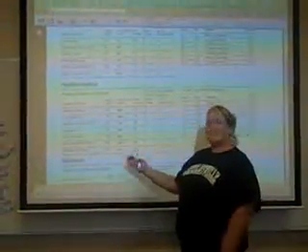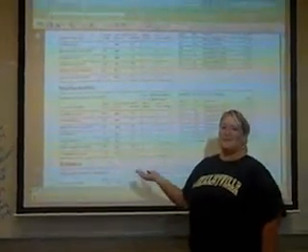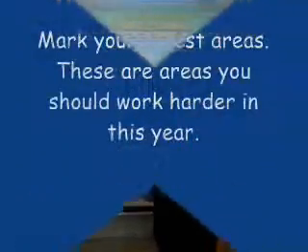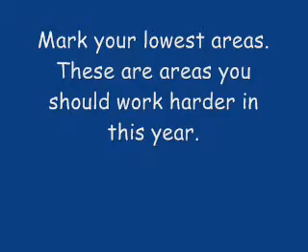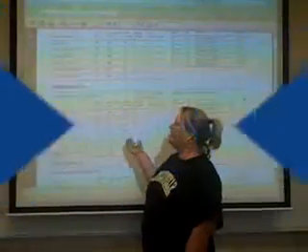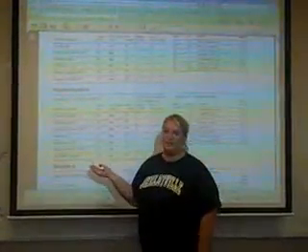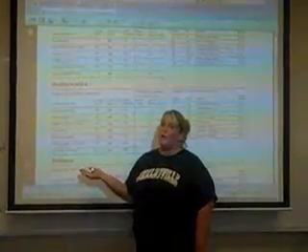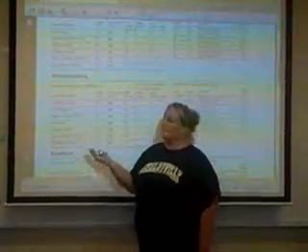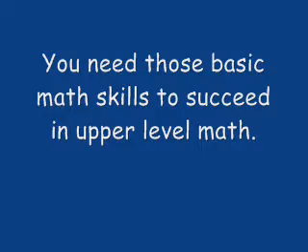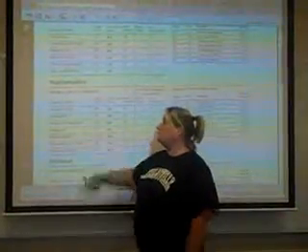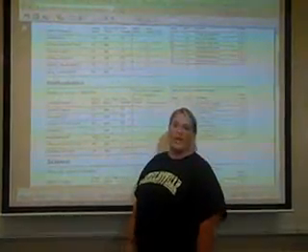Now, if you look on this side of your sheet, this breaks down your score into the different standards. We have number sense, computation. It's so important to be able to know how to add, subtract, multiply, and divide. You need to know those formulas in algebra and geometry.